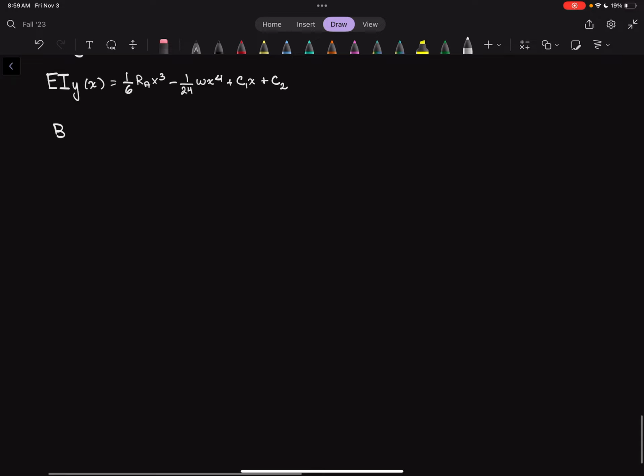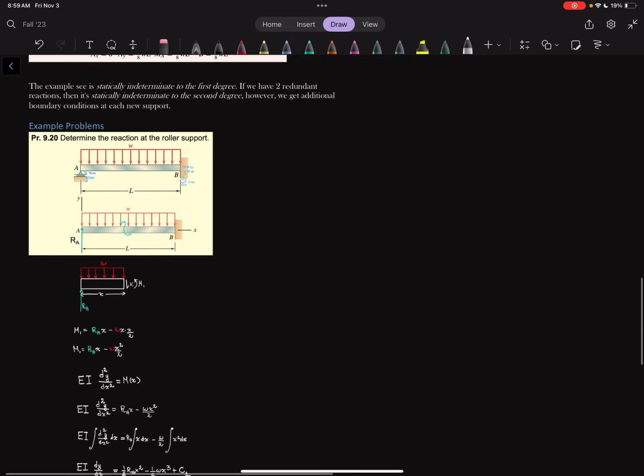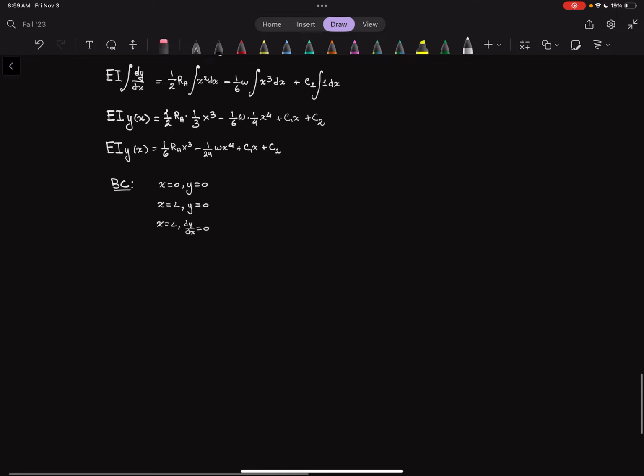Our boundary conditions are at x equals 0, y equals 0. At x equals L, y is equal to 0. And at x equals L, dy/dx is equal to 0.